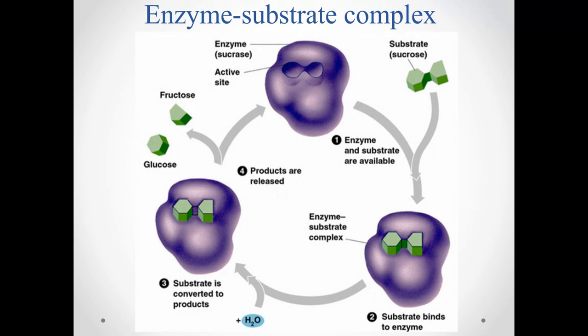Once the enzyme and the substrate come together, we call that the enzyme-substrate complex. Big fancy word that just means they're stuck together and the enzyme's working on the substrate. Afterwards, when it's done, the enzyme releases the products and then cycles back through to get more reactants. So again, the enzyme is both substrate specific and reusable.